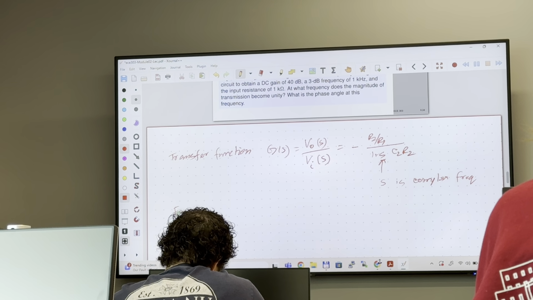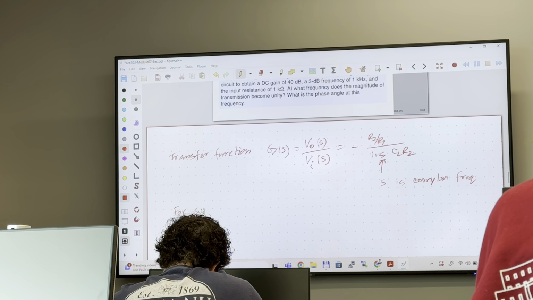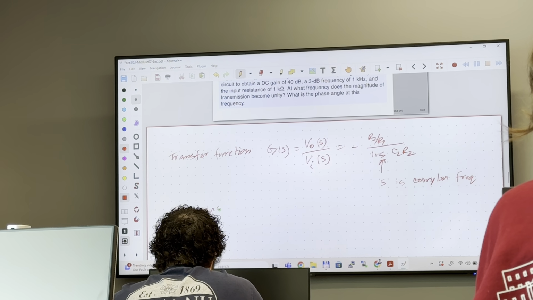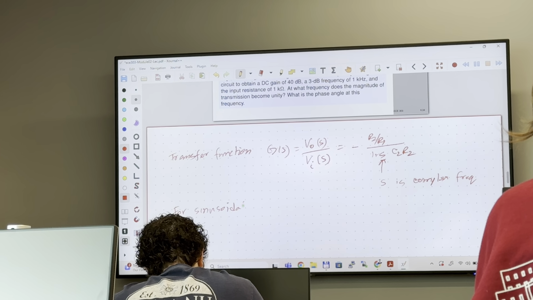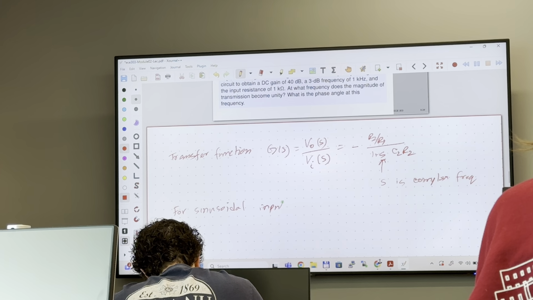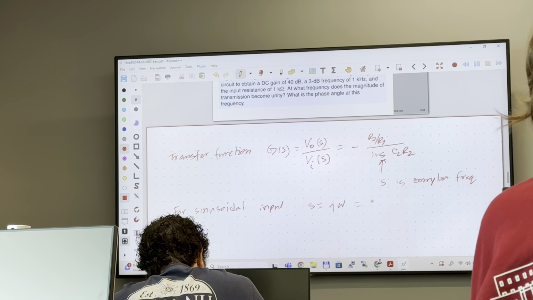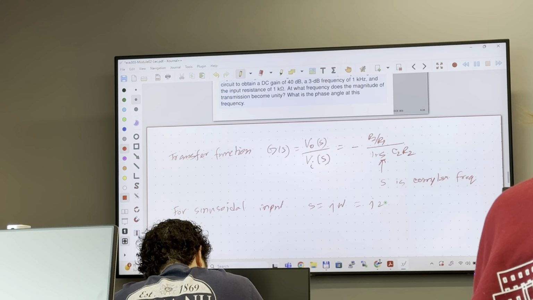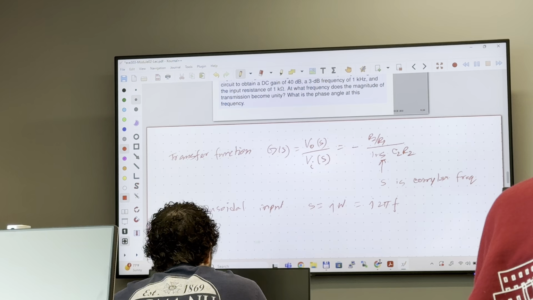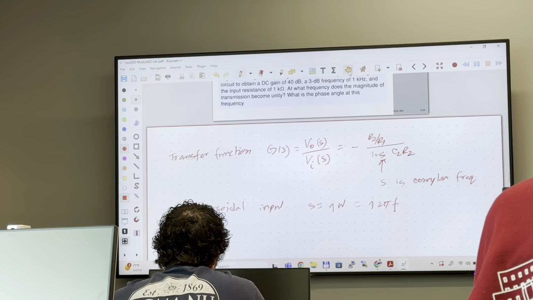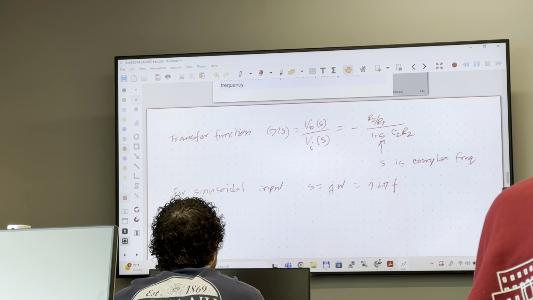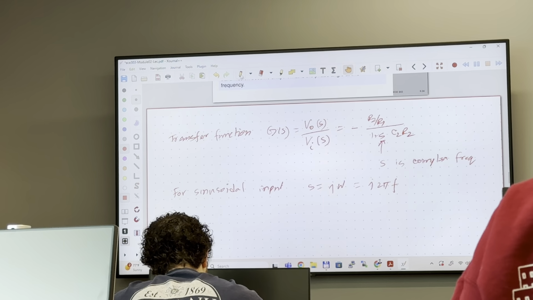For a sinusoidal input, we substitute S equals j omega, where omega equals 2 pi f.